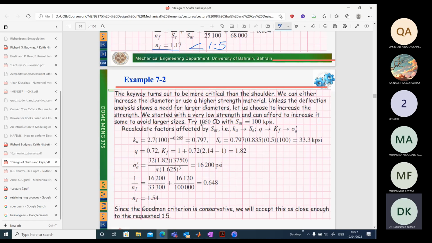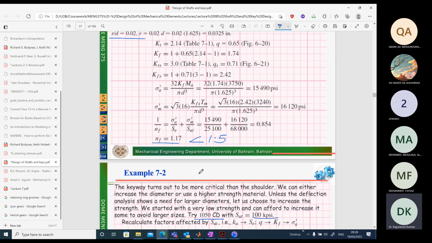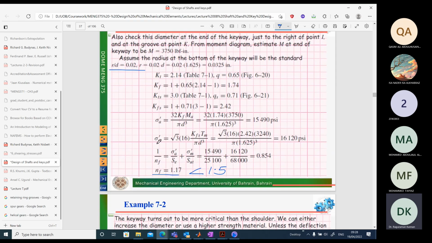Instead of 1020 steel, try 1050 cold drawn steel with SUT value slightly higher. Okay, so if you do that, again we have to calculate all the Marin factors and the SE value, and for the given values we already have the KF and KFS values. We can utilize that.